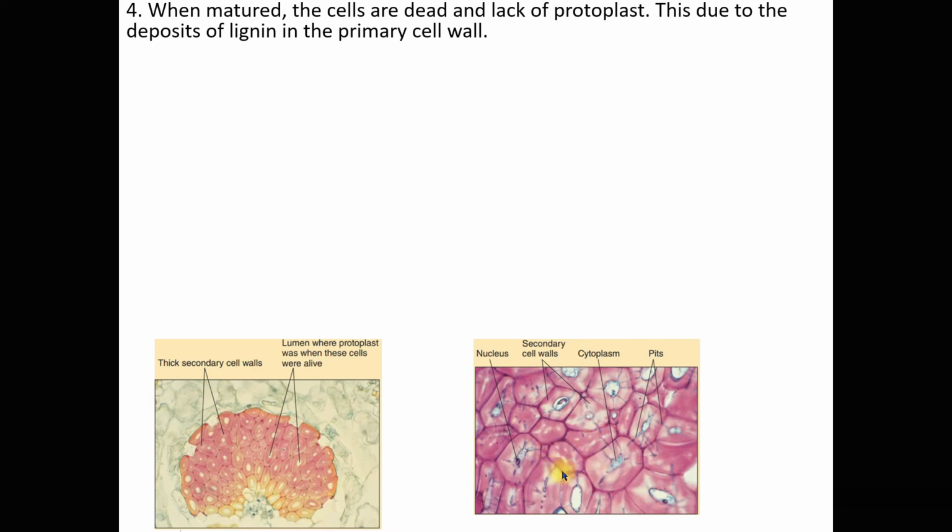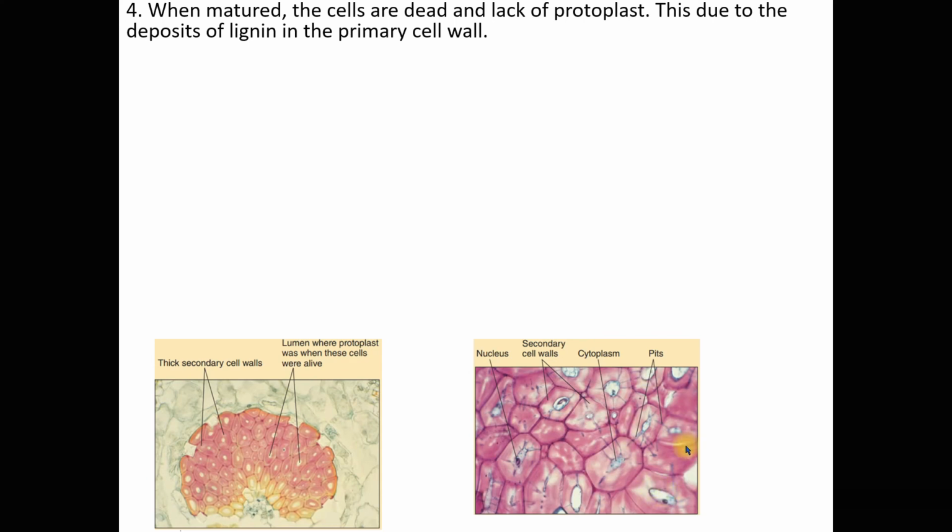No cytoplasm, no nucleus. So this is a matured sclereid. This is a young sclereid because it has the protoplast, which is the nucleus and the cytoplasm. So this is matured, and this is young as well. Young sclerenchyma cells or young stone cells.